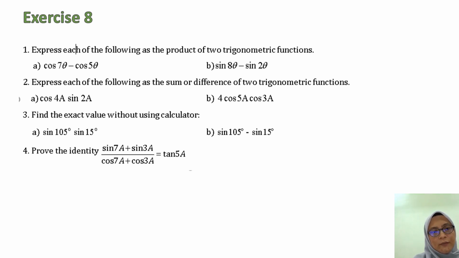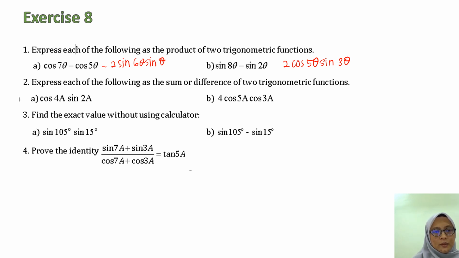So negative 2 sin 6 theta sin theta. B is 2 cos 5 theta sin 3 theta.